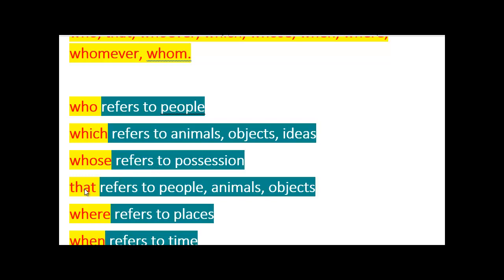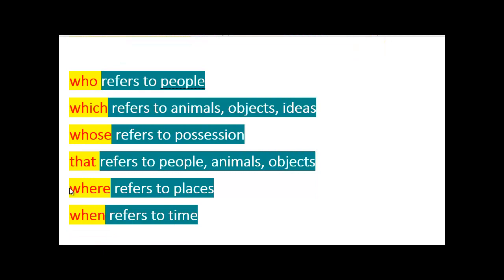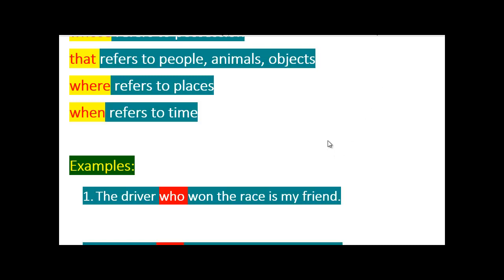That refers to people again, or animals or objects, so that is like who. Where refers to places, and when refers to time. We'll get some examples now, guys. We said relative pronouns are different from interrogative pronouns. With interrogative pronouns you ask a direct question, but relative pronouns refer to a noun.